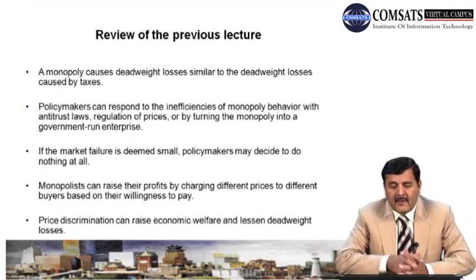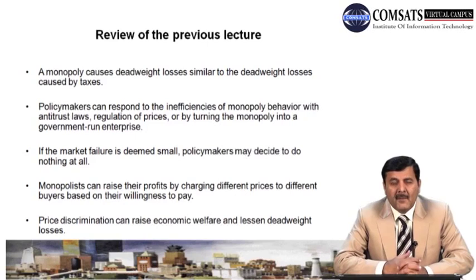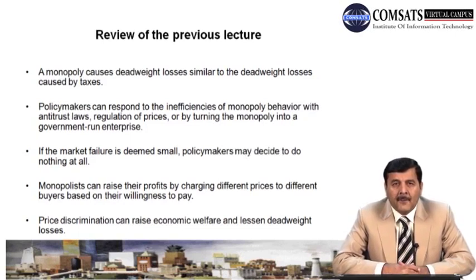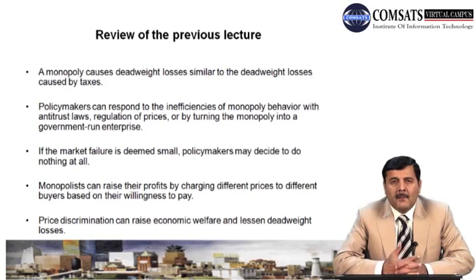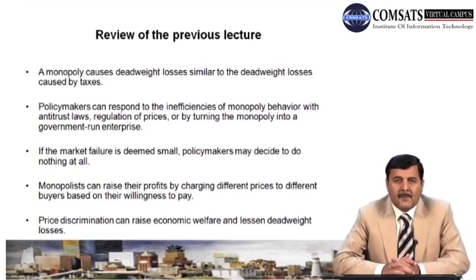Monopoly causes, as we said, deadweight loss to the society, similar to taxes. In case of taxes, the revenues go to the government, but in case of a monopoly, it charges a higher price than marginal cost, and the benefit goes to the firm. Policymakers can respond to the inefficiency of monopoly behavior with antitrust law, by regulating prices, or by turning the monopoly into a public enterprise.